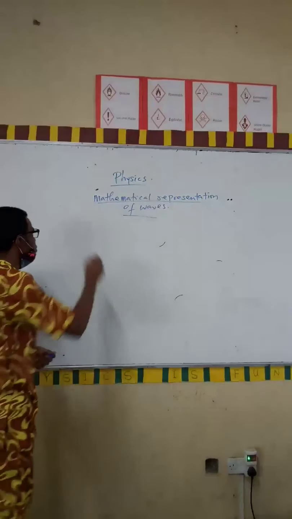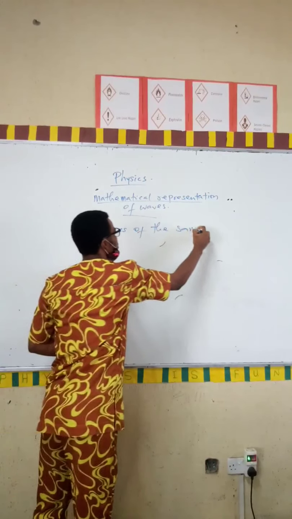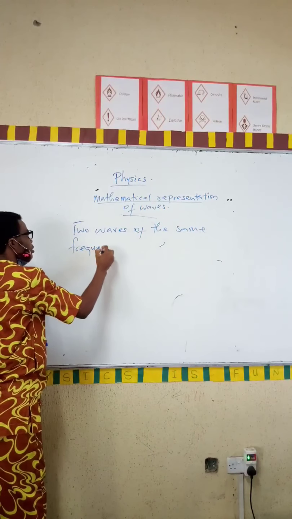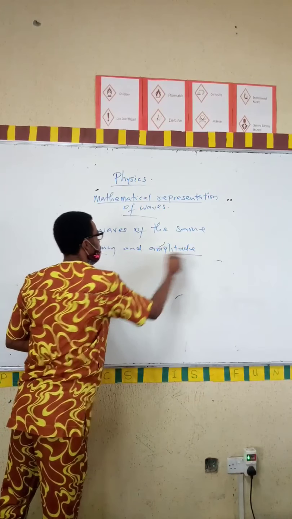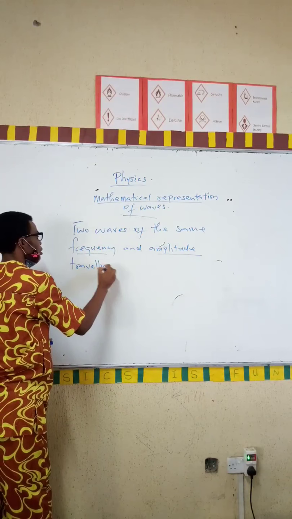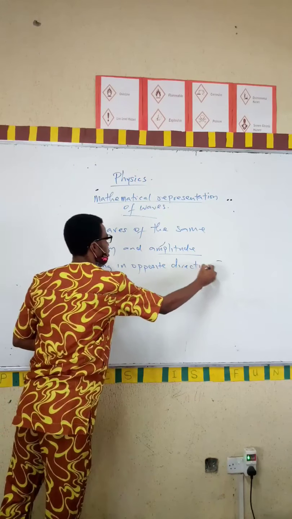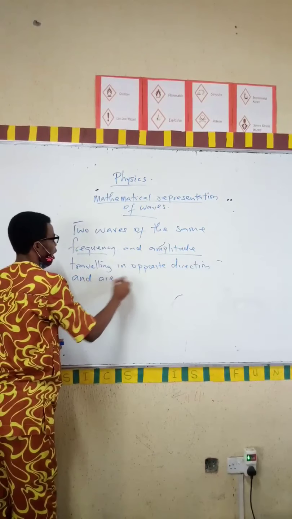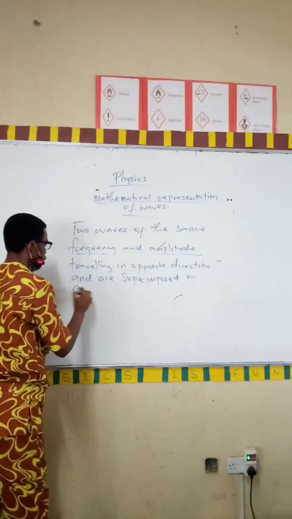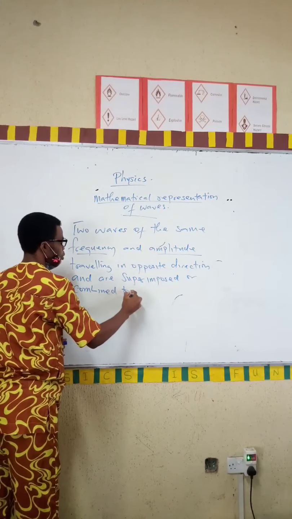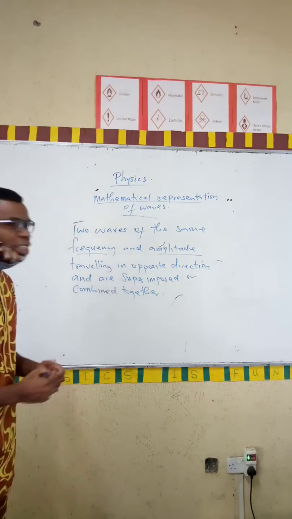So when you have waves of the same frequency and amplitude traveling in opposite direction and are superimposed or combined together, that is standing waves or stationary waves.